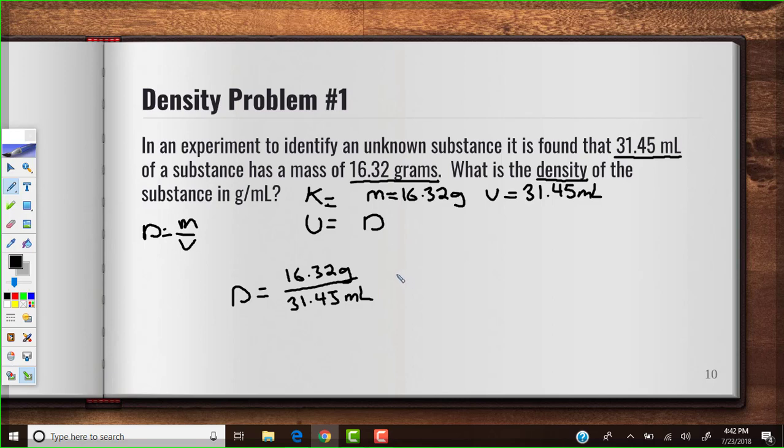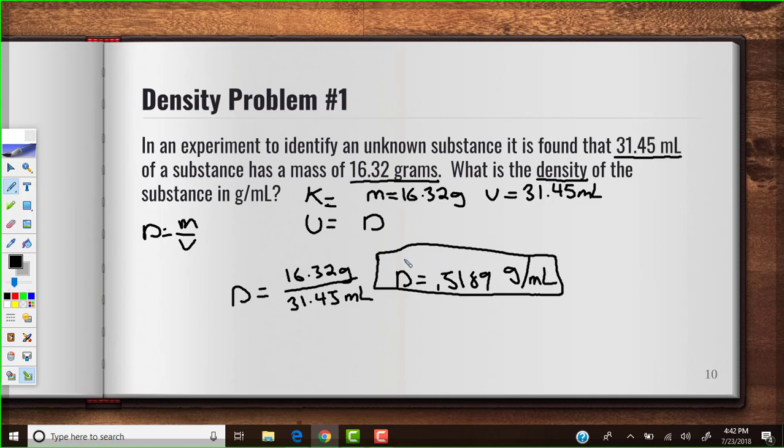Once we finish our calculation, our answer is 0.5189, and then our units, g over mL, that's our unit for density, is grams per milliliter. And there we go. Pretty simple, and pretty straightforward to solve. So again, just figure out what you know, what is unknown, plug into your equation, and solve algebraically. Doesn't get much simpler than that, guys.